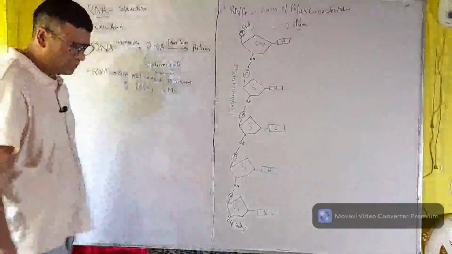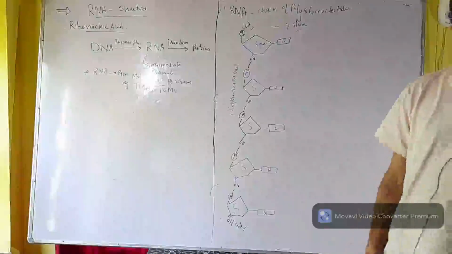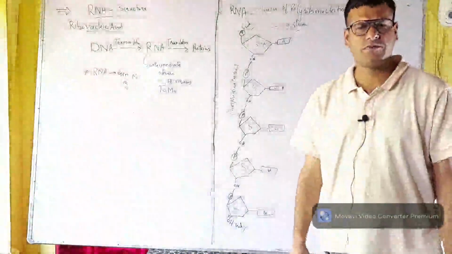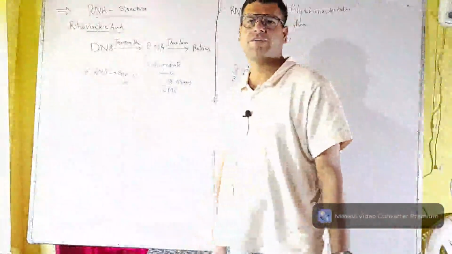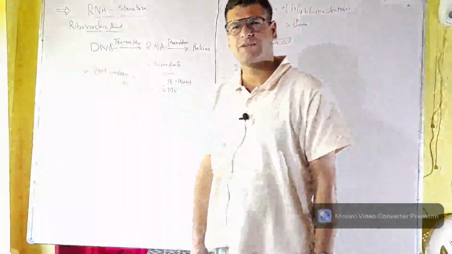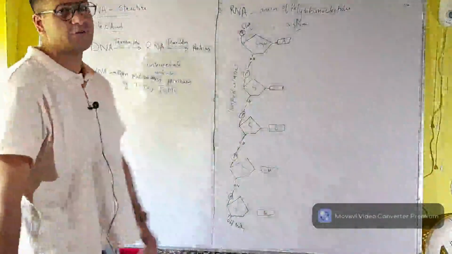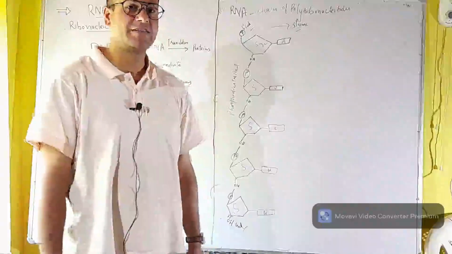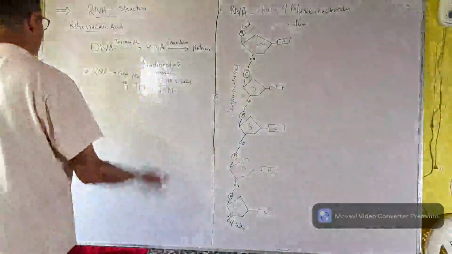These are the plant viruses, phytoviruses, where RNA acts as a genetic material. We use the term riboviruses for them. In certain cases, we also have DNA as a genetic material. For example, adenovirus, and phage 174, which also have DNA as a genetic material. But in riboviruses, RNA acts as a genetic material.